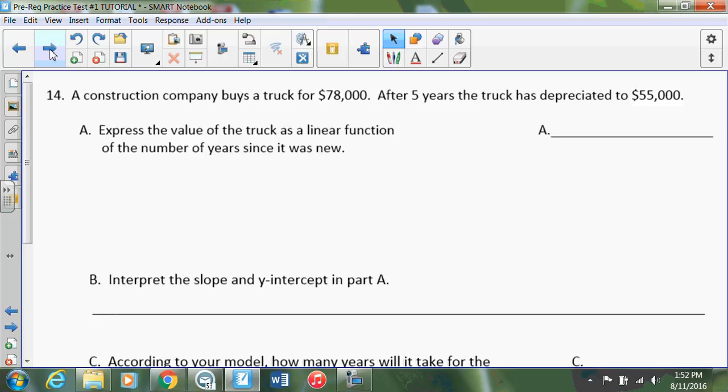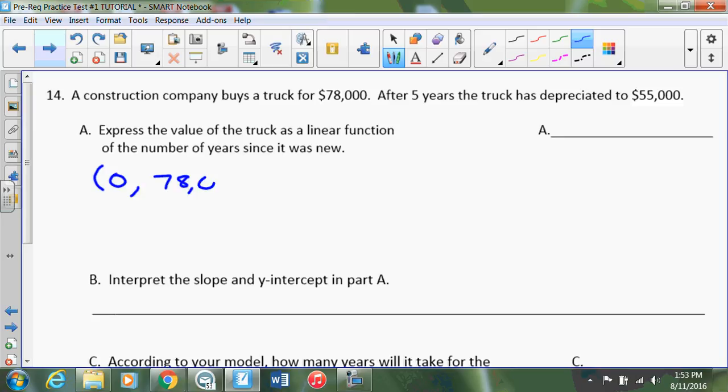Express the value of the truck as a linear function of the number of years since it was new. What I see is that a construction company buys a truck for $78,000, and that's the initial value. Before time began, before this company drove it off the lot, at 0 time, the cost of the truck was $78,000.